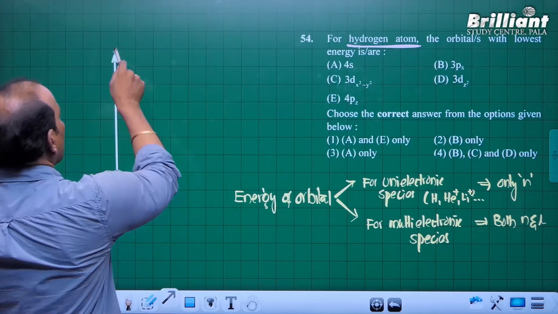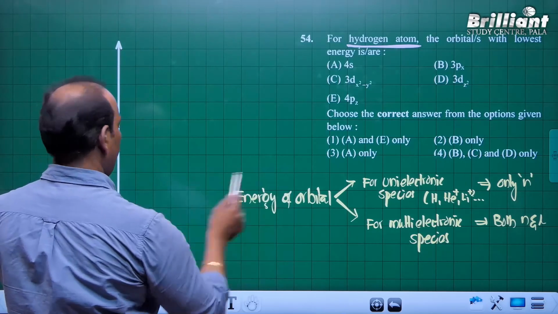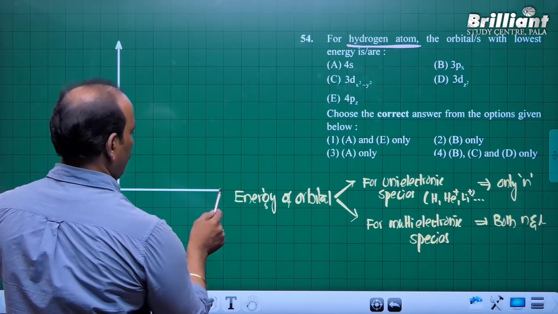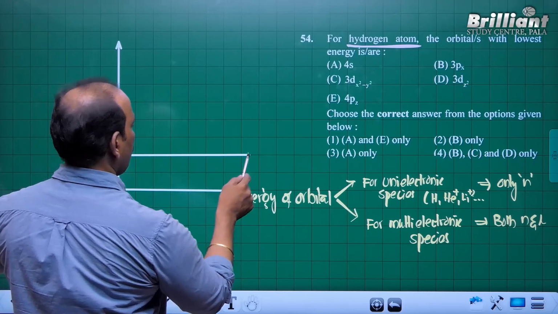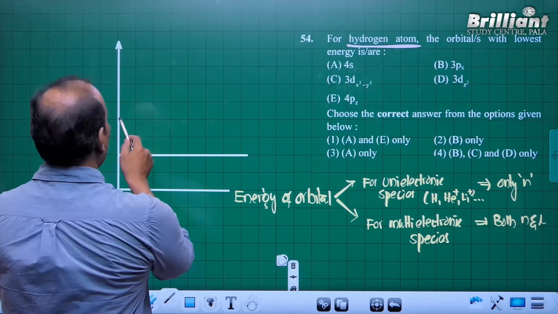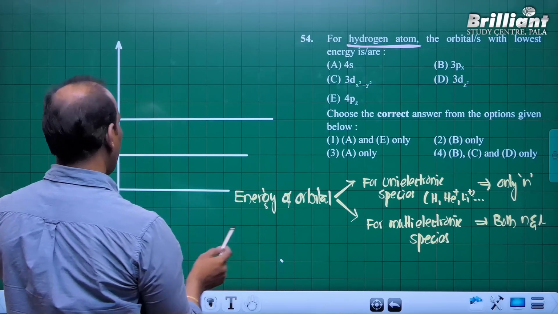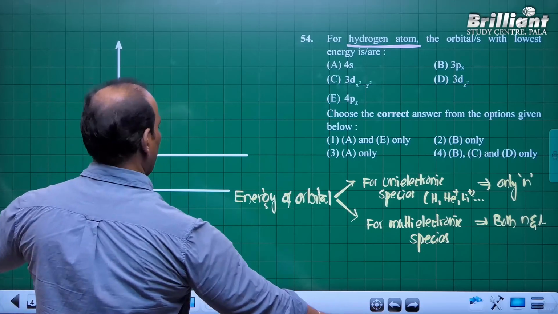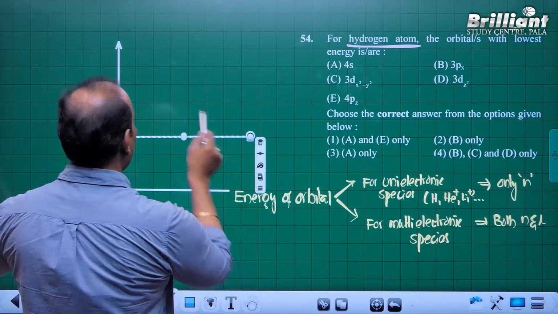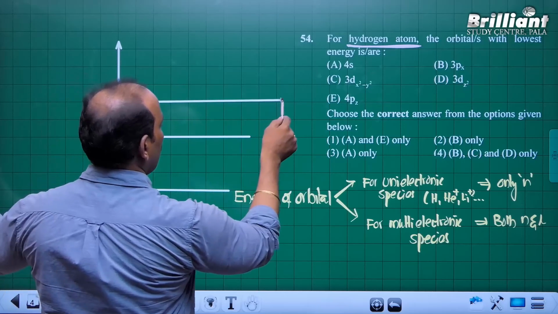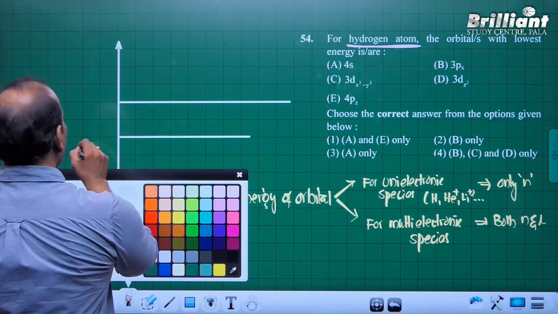As we go to this side, energy increases. This is the first orbit, the second orbit, this is the third orbit. So this is the energy order.